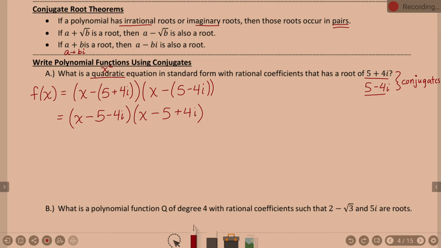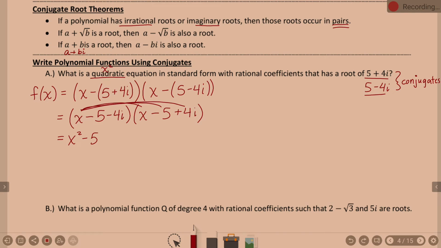You ready to FOIL with me? No? Okay. So I'm going to start by taking this x right here, and I'm going to multiply it by everything in the other parenthesis. Make sense? So I'm going to say x times x is x squared. X times minus 5.